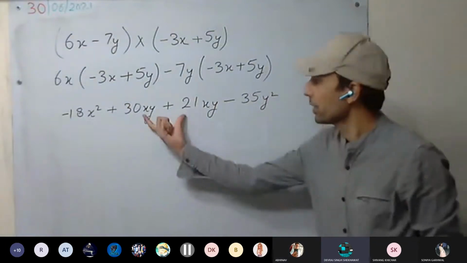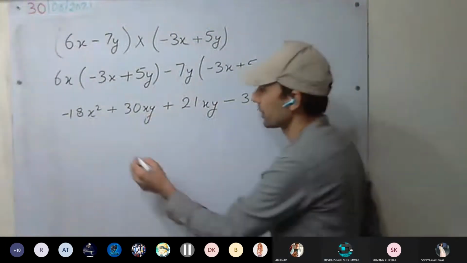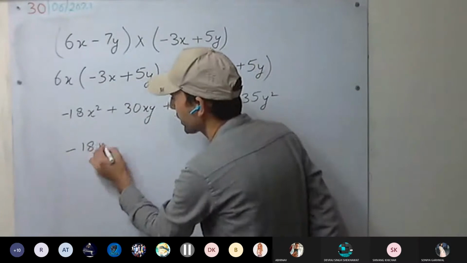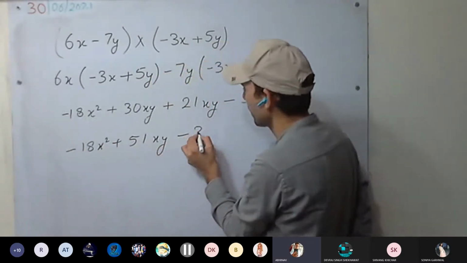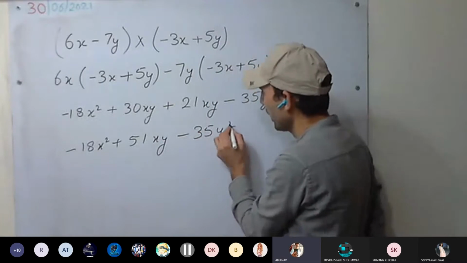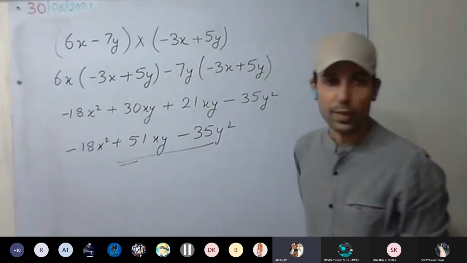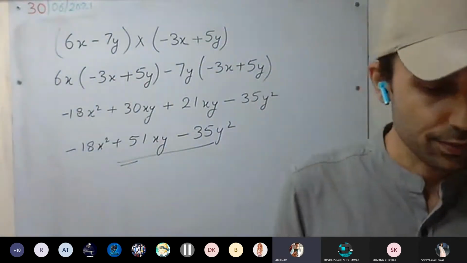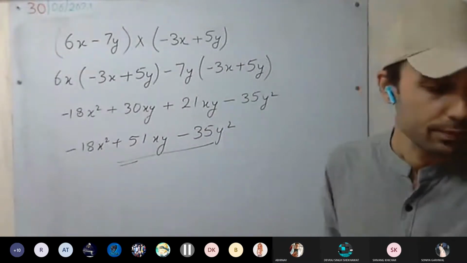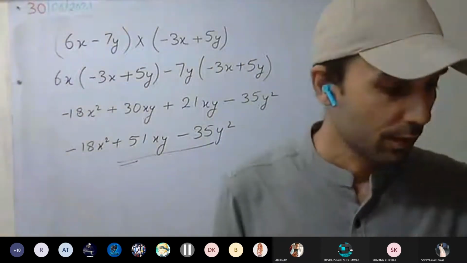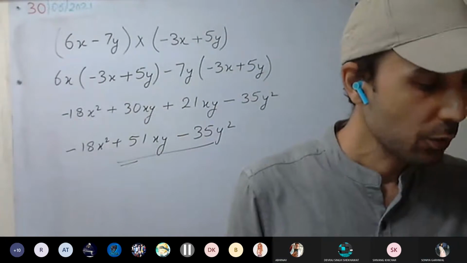So 51xy minus 18x square, minus 35y square. Everyone check your answers. Is it the same? Everyone got the same answer? Yes, sir.